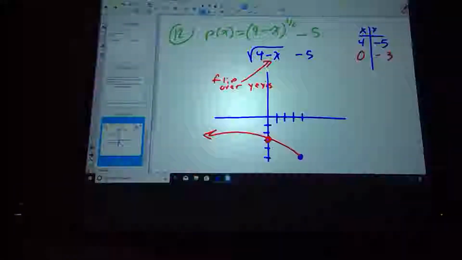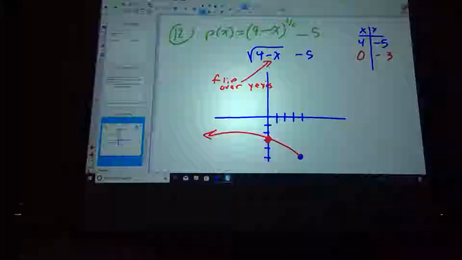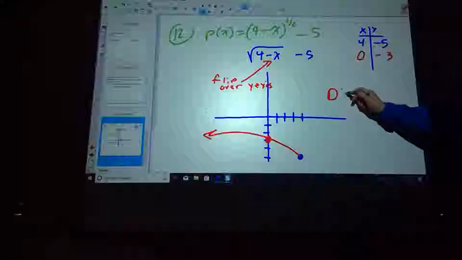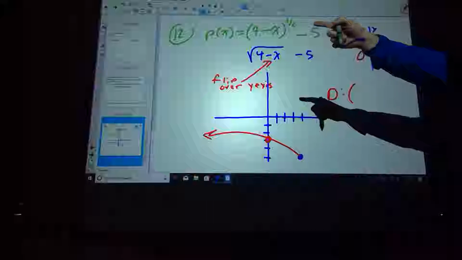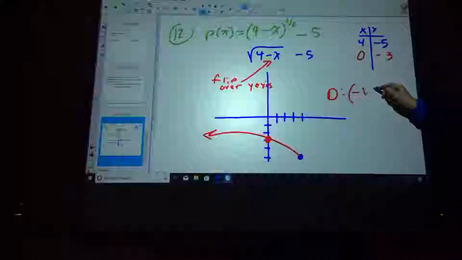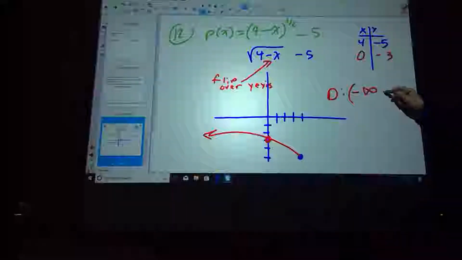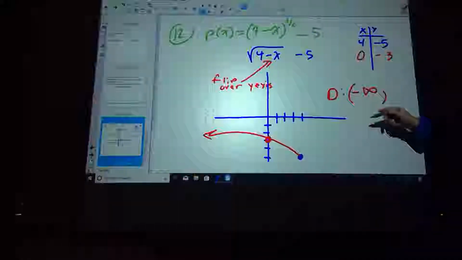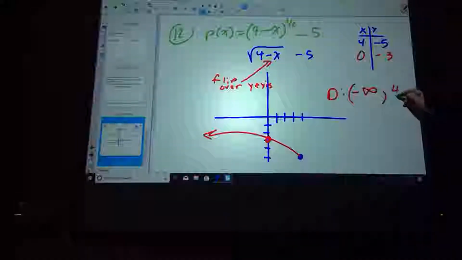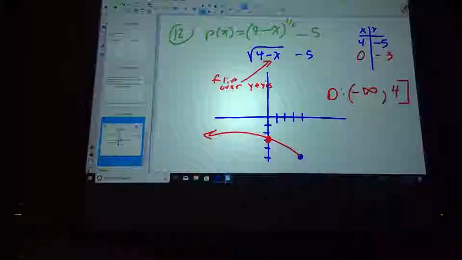Okay? So it starts there at that blue dot, and it goes all the way to the left to negative infinity. So my domain of this graph, I'm coming from the entire left way, so negative infinity. In my x direction, I'm going to get all the way up to 4, and that's a square bracket, and we're done as far as the domain goes.